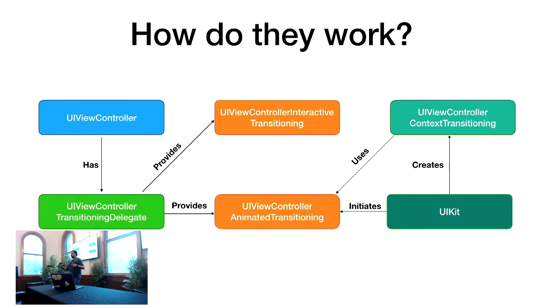And by using this, we can tell the context how the animation needs to progress, and whether it needs to reverse or not. And if, for example, we're using navigation controllers, UINavigationController, it's slightly different, we need to adopt the UINavigationControllerDelegate.